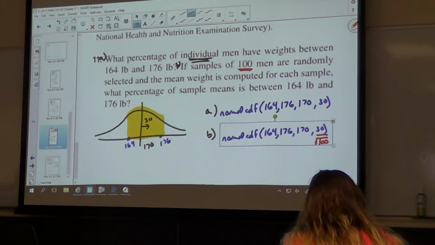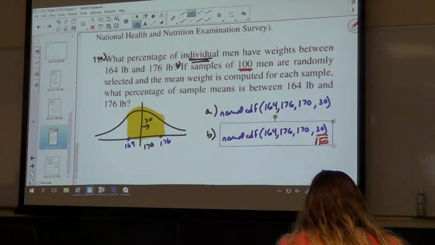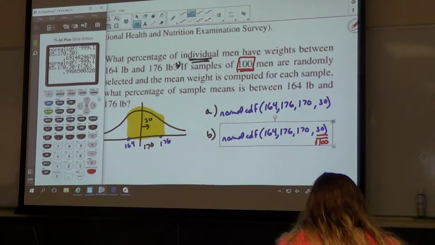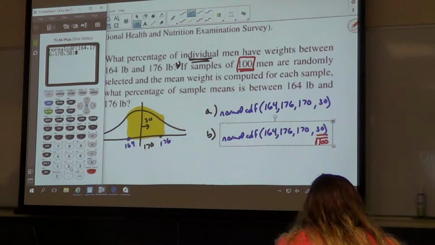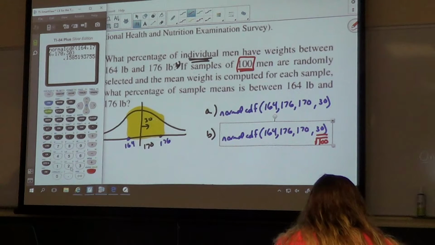The only difference between part A and part B is that part B is a group, so I divide by the group data. When I do second vars, number 2, my left is 164, my right is 176, my mean is 170, and the standard deviation is 30. That's your first answer.